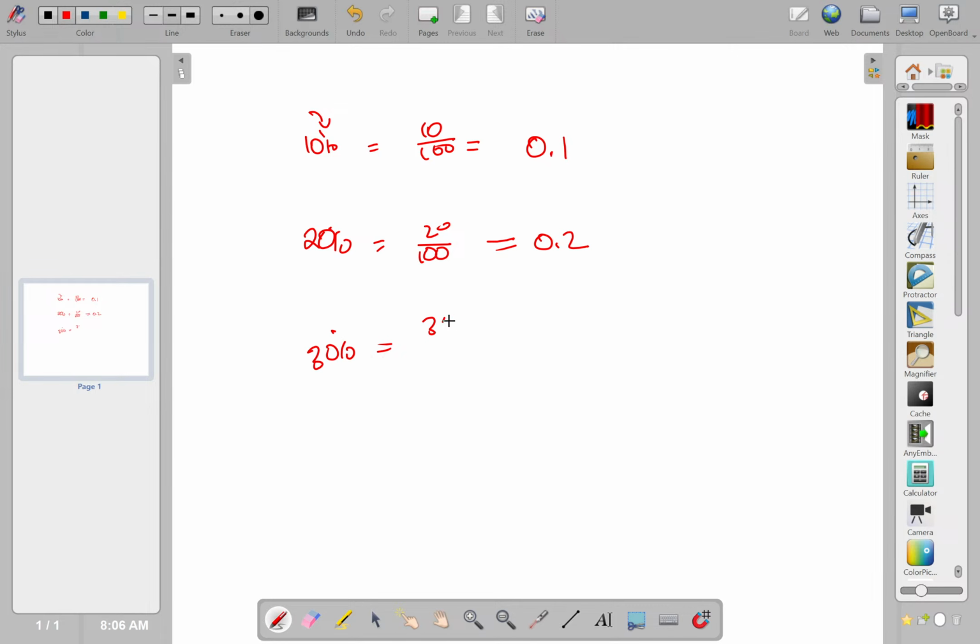I think you're catching on to the pattern, 0.3. And 40%, all the way until you reach wherever you want to reach. These things are very important for your speed when it comes to the exam. You want to make sure you're moving quick, so you want to know these things right off the top.